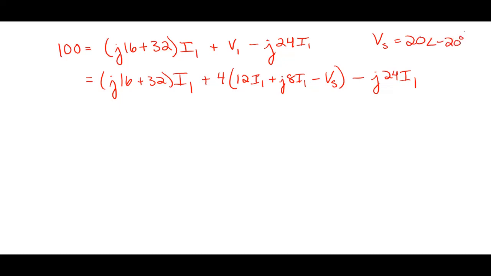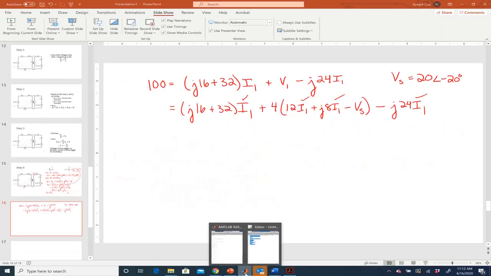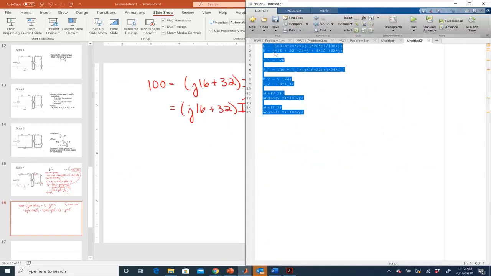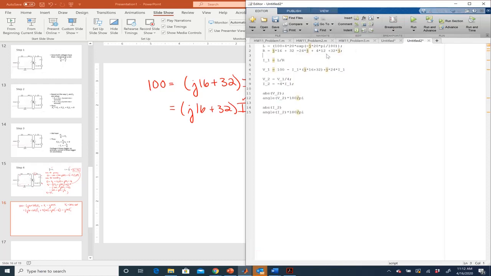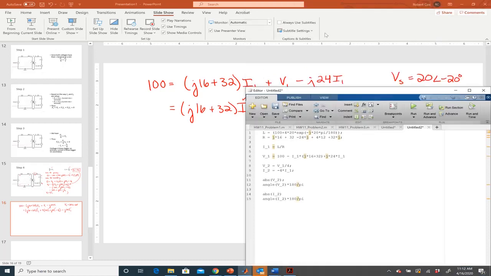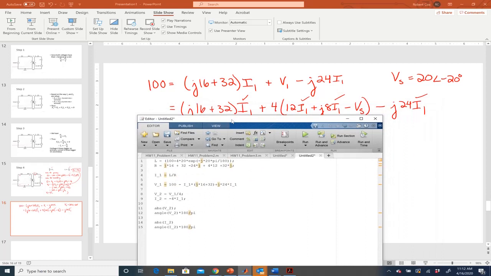So all we have to do at this point is, you see I have one equation with one unknown. That unknown here is I1. So I can rearrange that guy and solve for I1. So to do that, what I did was I went to MATLAB here, okay? So let's look at what I did. I basically set this guy up. So I defined what I called the left side of the equation, right?